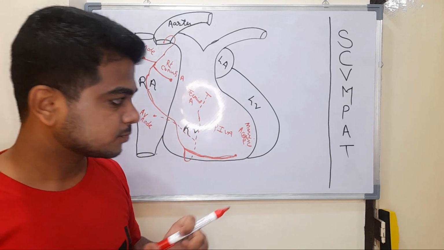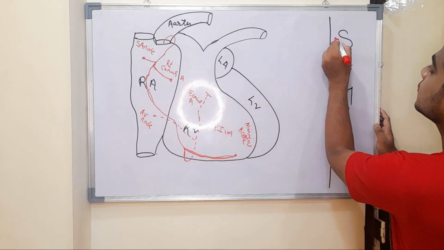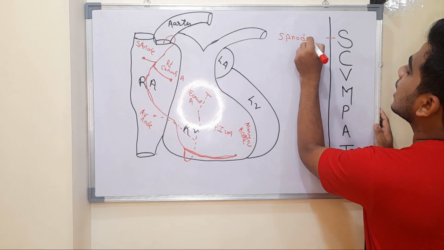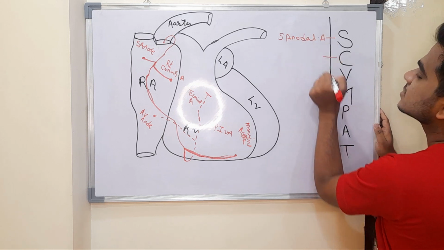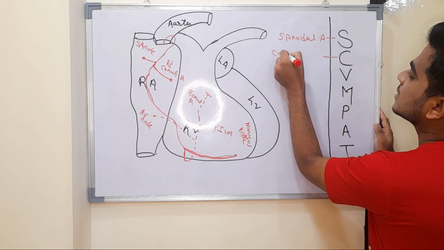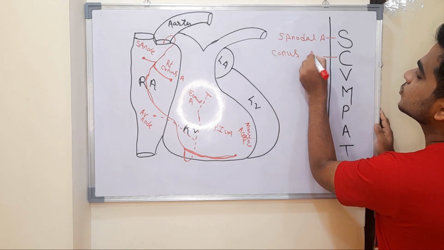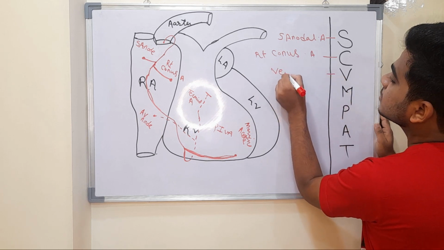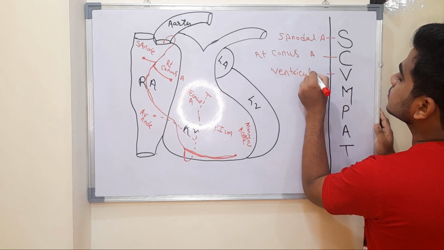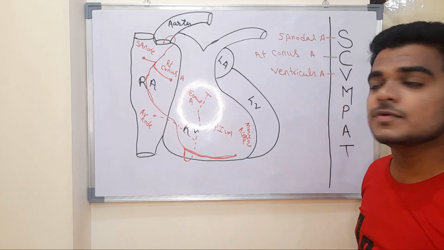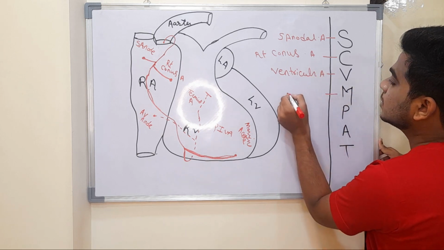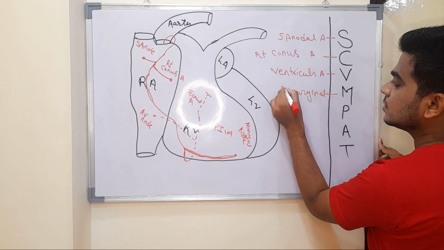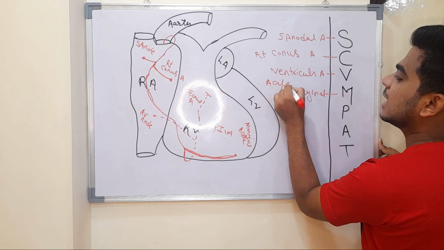So students, S stands for SA nodal artery. C stands for conus artery, right conus artery. Then V stands for ventricular artery or branches of the ventricular artery. M stands for marginal artery or acute marginal artery.